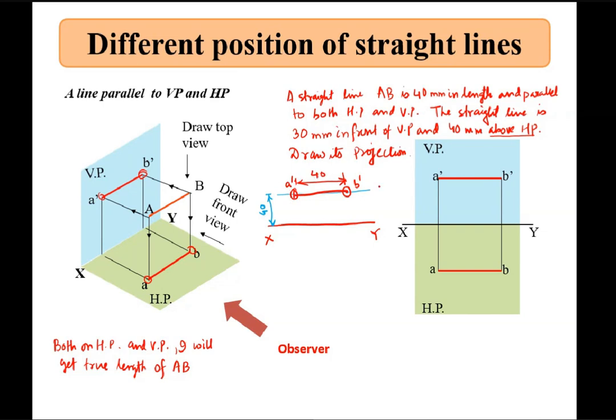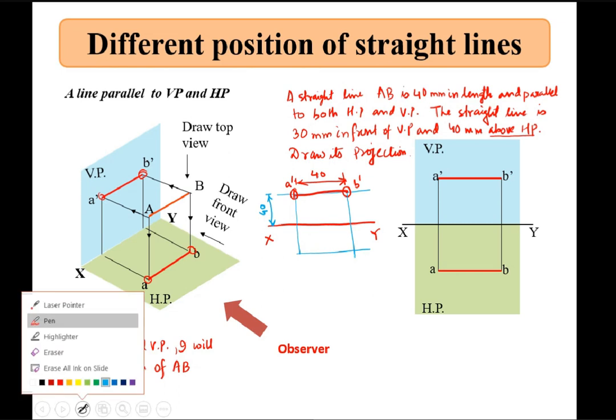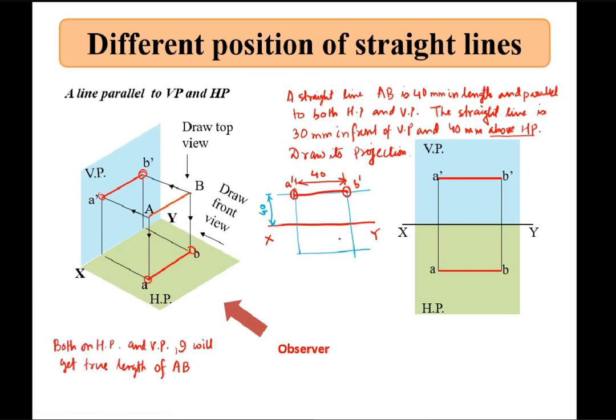Now I'll draw projectors like this and like this. It is also given that the straight line is 30 mm in front of VP. So at this 30 mm distance, I draw a thin line like this. Now I locate point A, I locate point B, and I join it.